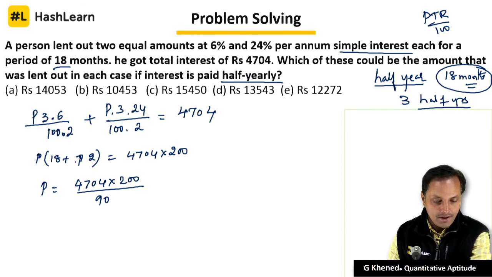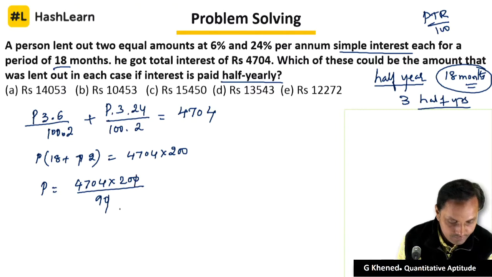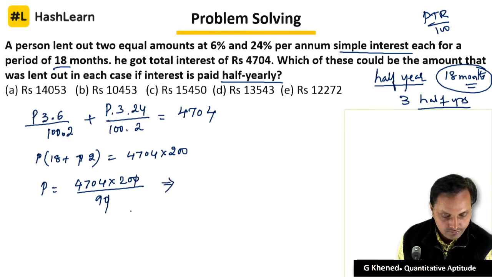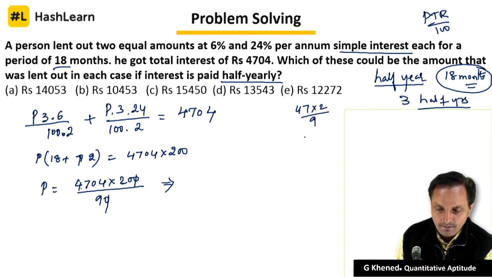So if you do the simplification, what will be your answer? So 47 into 2 divided by 9 I will do. So 47 into 2 is 94.